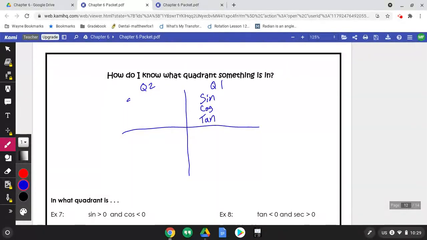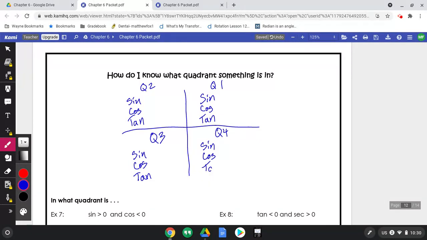Quadrant 2, and I'm just going to write this out to help us figure out something about these. So in each quadrant, the sine, cosine, and tangent are either positive or negative. Okay? And we're going to create this chart so we have some guidance on that.